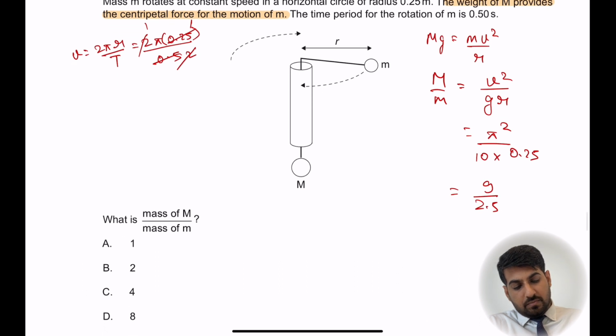If you calculate this, pi square is something 3.14 square, which is 9 point something, so greater than 9. And this is 2.5. So this will be something around more than 3 and less than 5. So option C is the right answer, best suitable answer. Or you can do the calculation if you want. You will get the nearest answer is 4 only, right? So that is the best way to solve this.